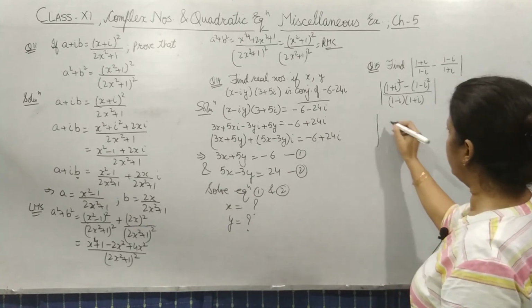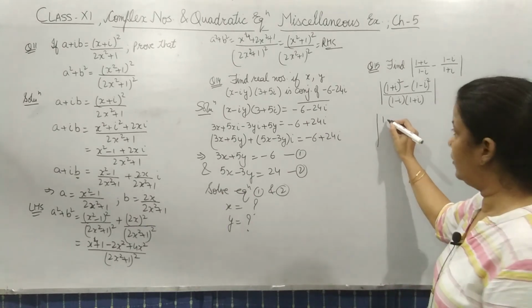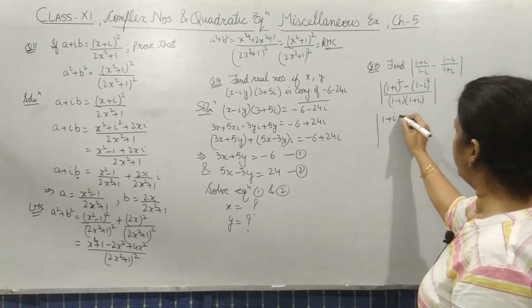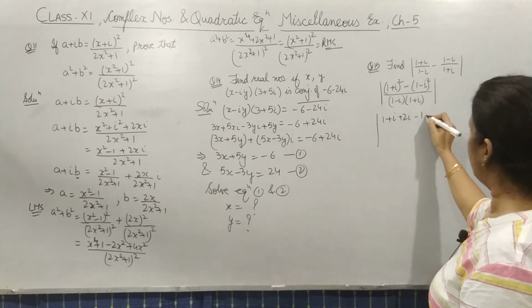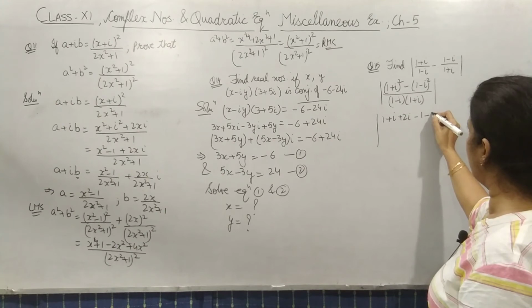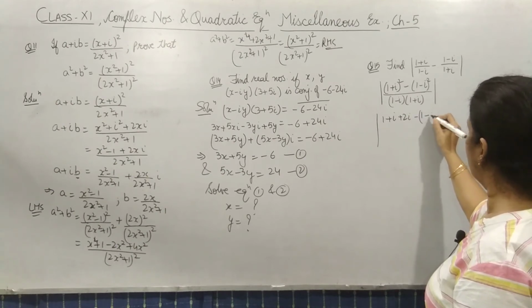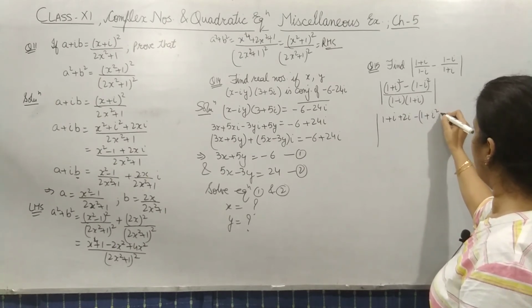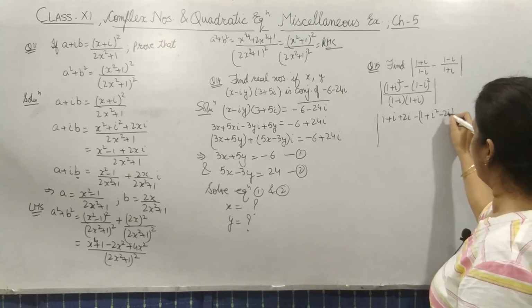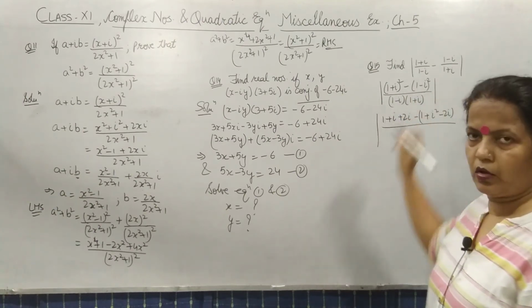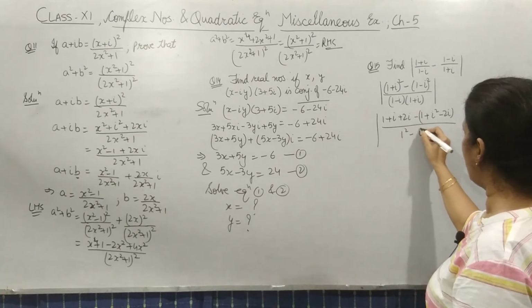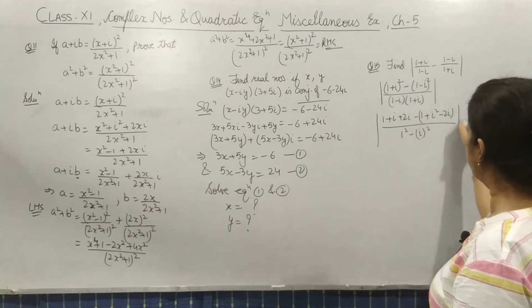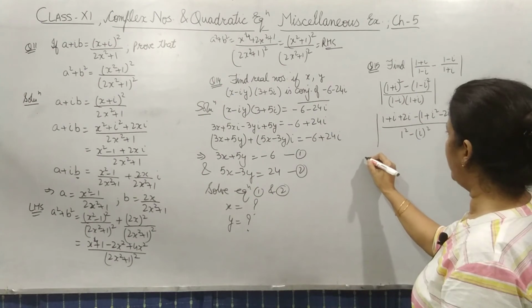Now solve it: a square plus b square plus 2 iota minus 1, a square plus b square minus 2 iota, upon (a plus b) into (a minus b), so a square minus iota square. Now open it.